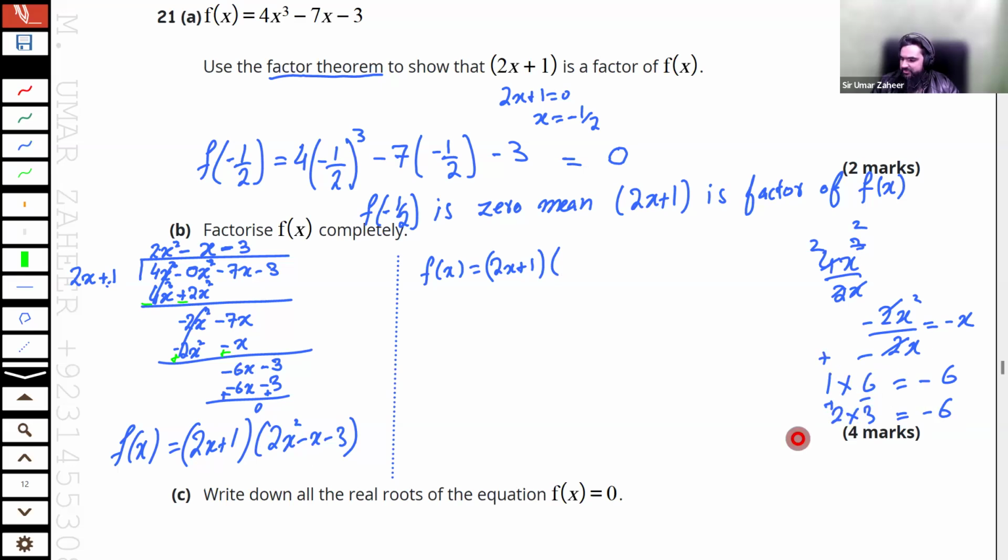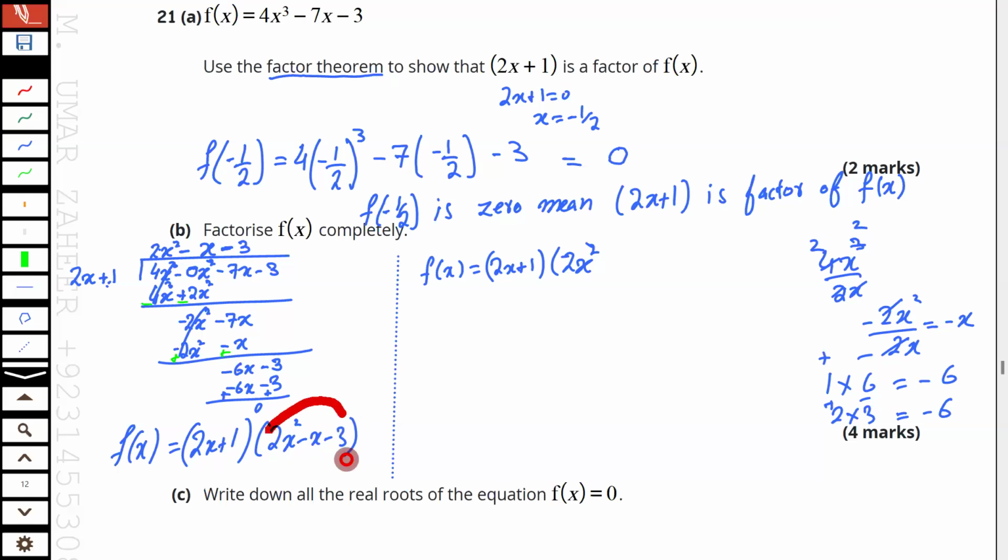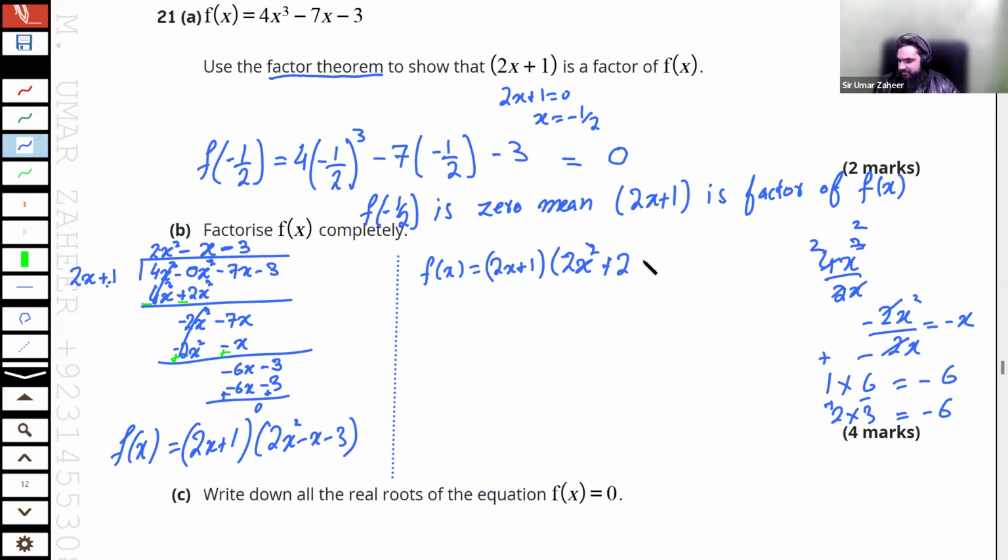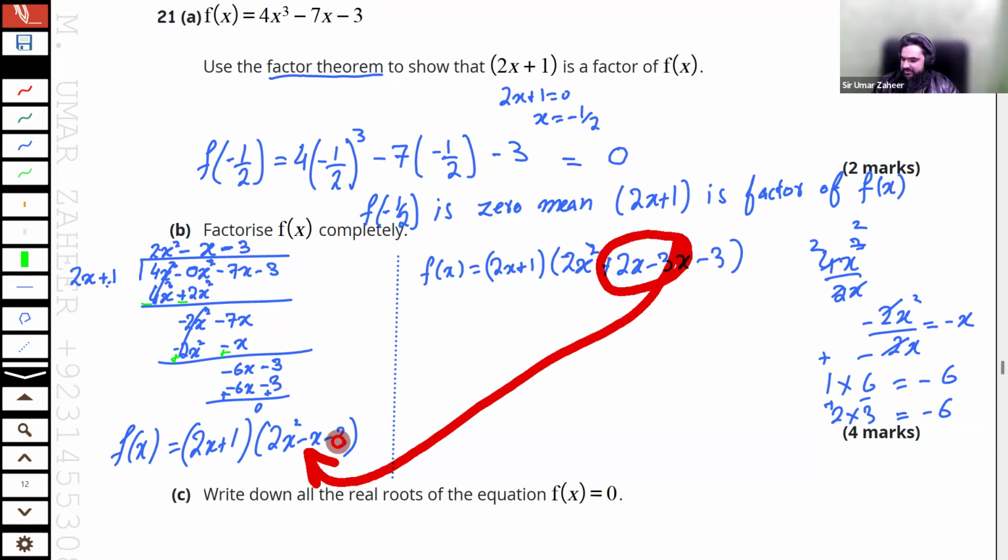Which is the suitable pair? Plus 1 minus 6 or plus 2 minus 3? Plus 2 minus 3. Yes, it will be plus 2x minus 3x minus 3, because if you add them, I'm going to get minus x.